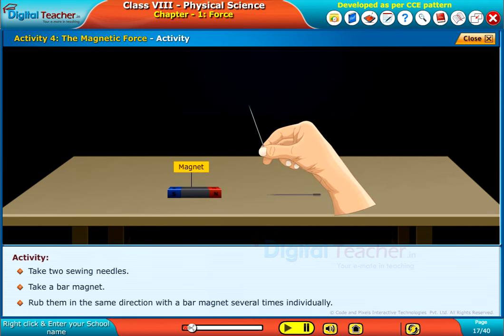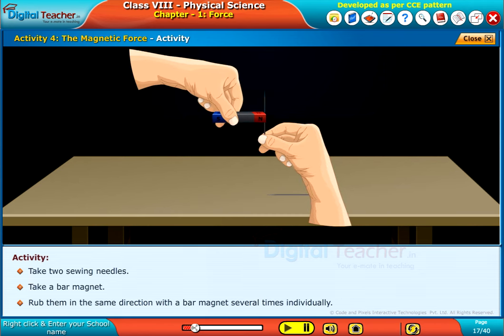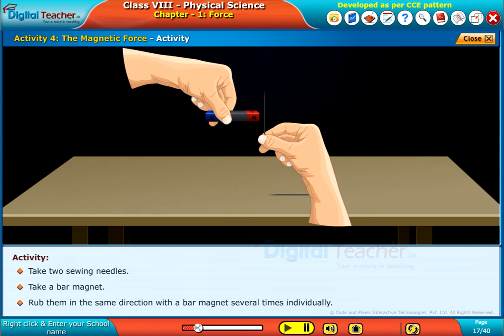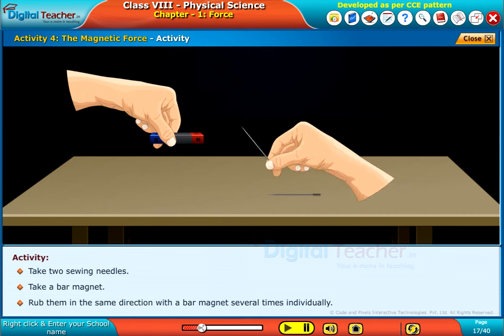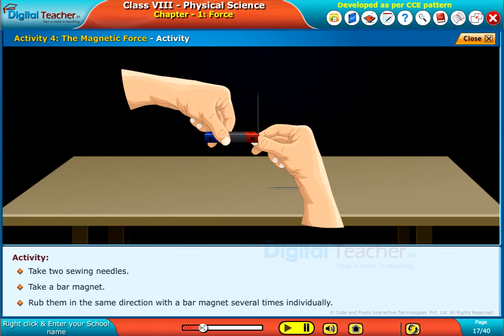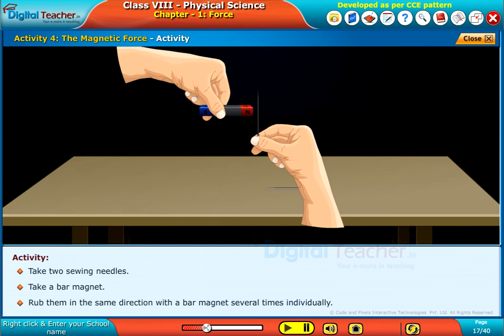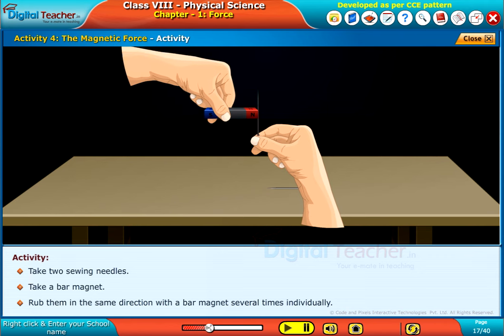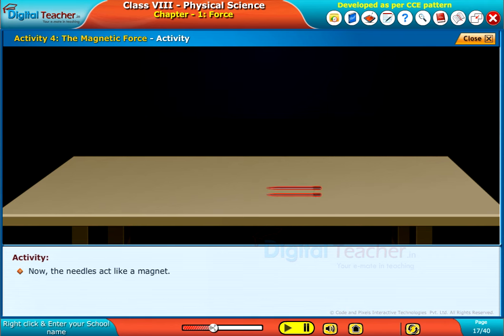Rub them in the same direction with the ball magnet several times individually. Now, the needles act like magnets.